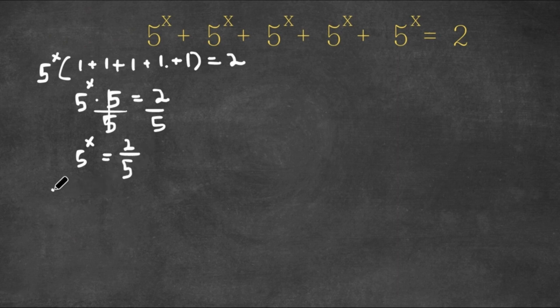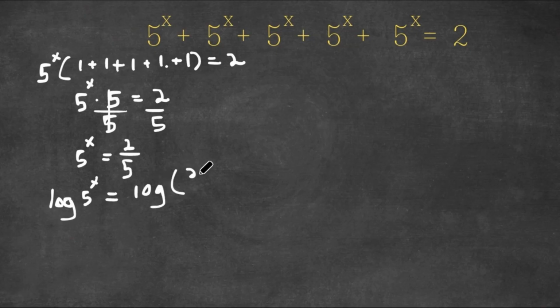Now I'm going to take the log of both sides. So we get log 5 to the power of x is equal to log 2 over 5. Now, using the power property of logarithms, I can move this exponent to the front of the logarithm.